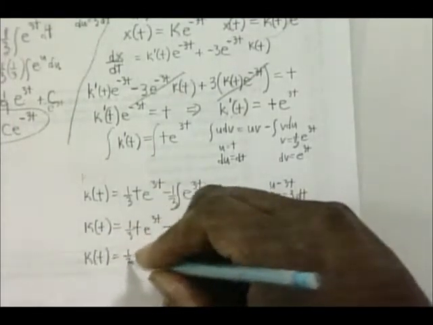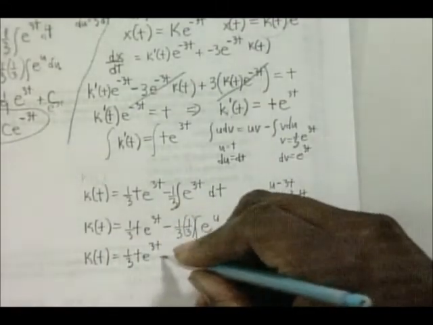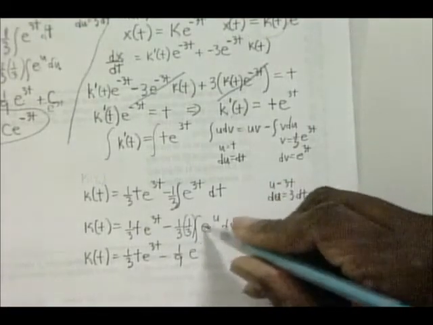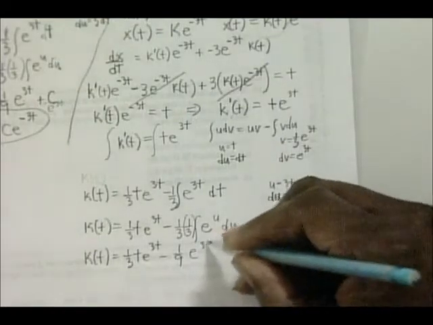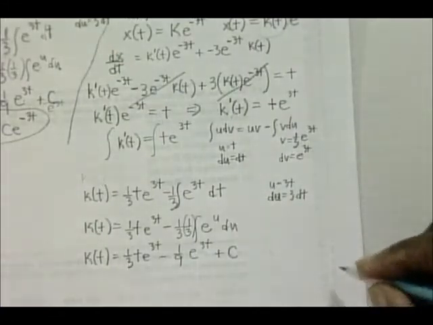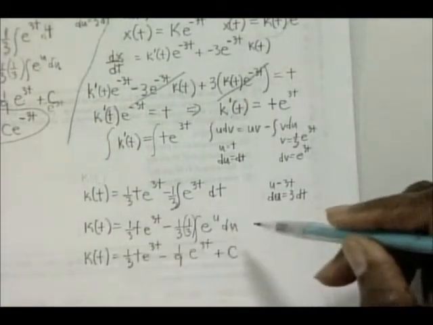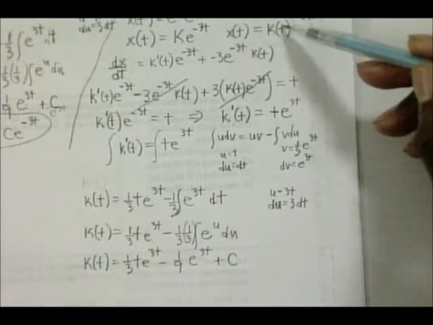We end up with 1/3 t e to the 3t power minus 1/9 times the antiderivative of e to the u, e to the 3t, plus c. So that is k sub t. All of that represents k sub t, which is what we had to substitute way up here.